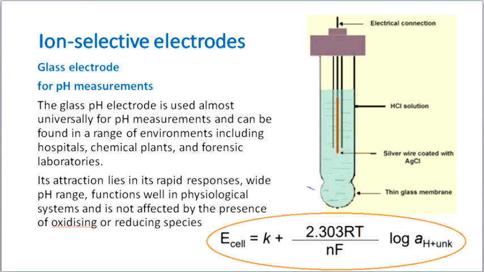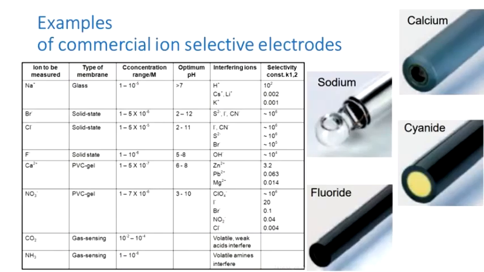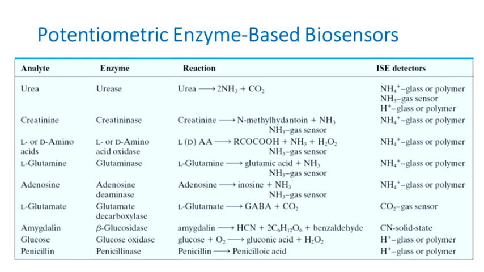Other ions don't affect this potential. You could see example of some other ion selective electrodes. Their potential depends on sodium or calcium or cyanide and other ions concentration. Ion selective electrodes are very useful in medicine and biology. You see examples of some common famous biosensors.